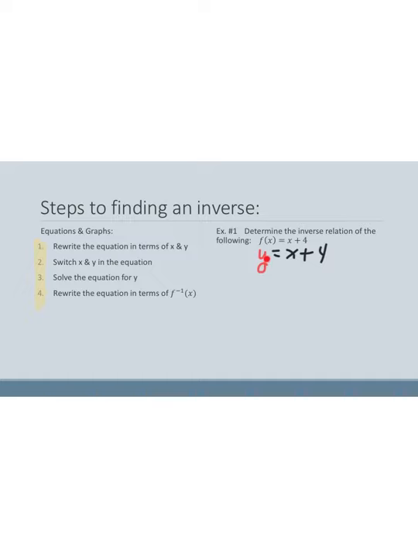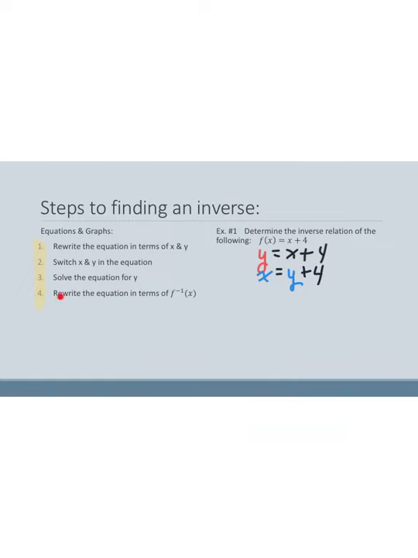The only things that are switching are an x here and a y here. And why? Because remember, the inverse means that we switch the x and the y. So now we're going to do step 2, and the x goes here and the y goes here, and everything else stays the same, equals plus 4. So that's your step 2.